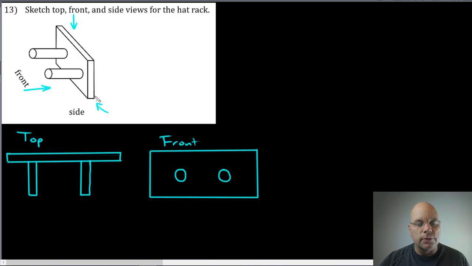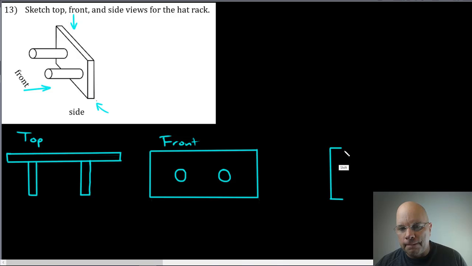The side view, looking from this side, is indicated here. You would see again this back plate that would attach to the wall. And then you'd see, since these pegs are likely centered on this board, while there are two of them, you would only see one.